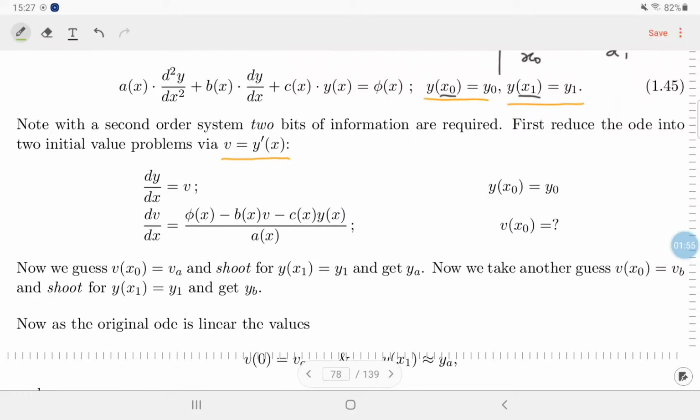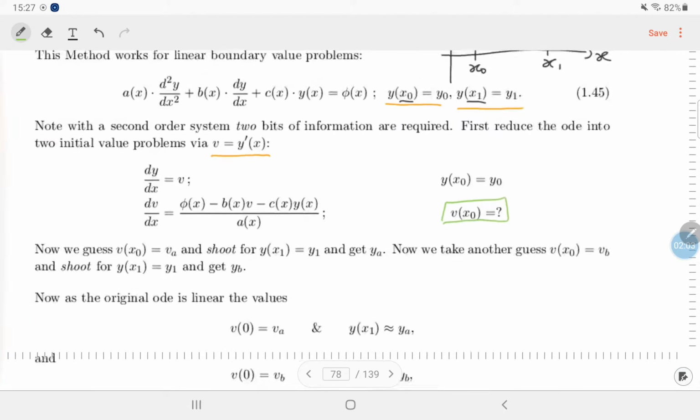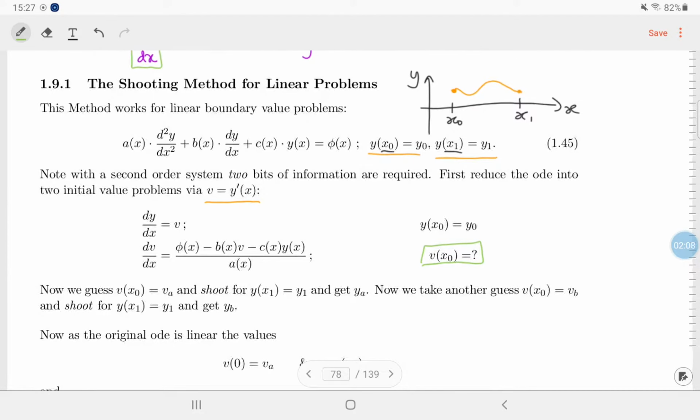So you write it as two first order initial value problems. But the story here is you have no idea what the initial v is, the initial value of the derivative. Okay, so this is a shooting method. If the problem is linear, now linear basically means just what I wrote here.